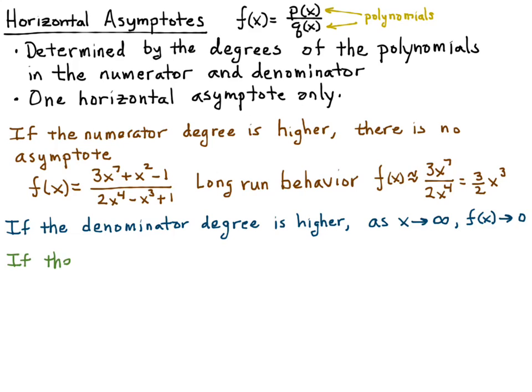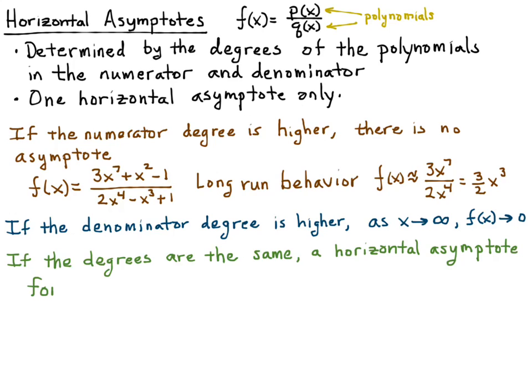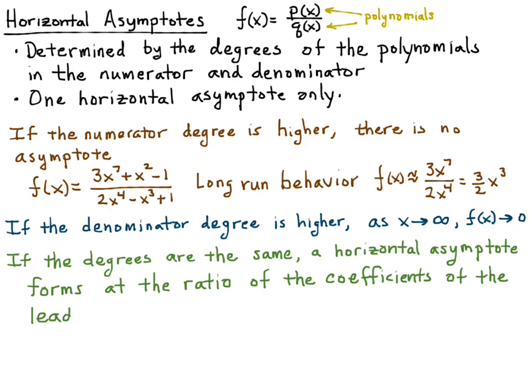So the interesting case here, the one that we're interested in with the horizontal asymptotes, is if we have a function that has a polynomial of the same degree in both the numerator and the denominator. And so the horizontal asymptote is the ratio of the coefficients.